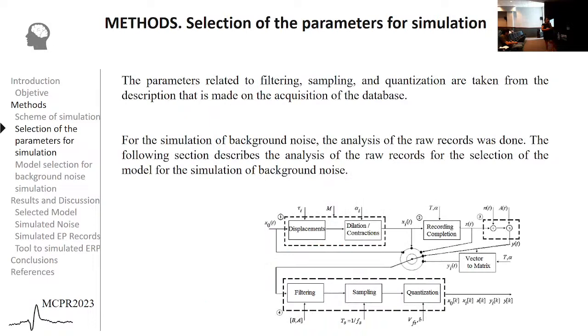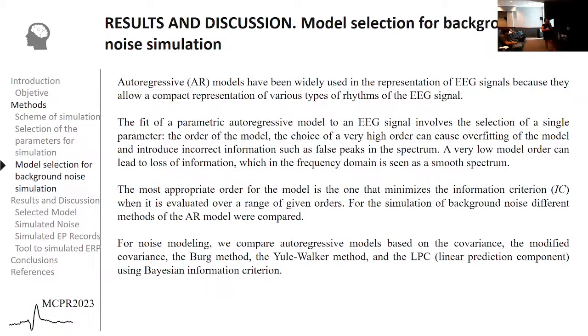The parameters related to filtering, sampling, and quantization are taken from the description made on the acquisition of the database. For the simulation of the background noise, the analysis of the raw record was done. The following section describes the analysis of the raw record for selection of the model for the simulation of background noise.